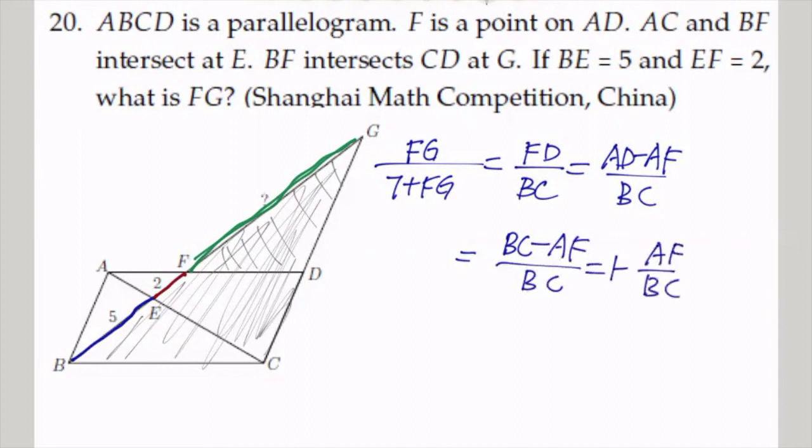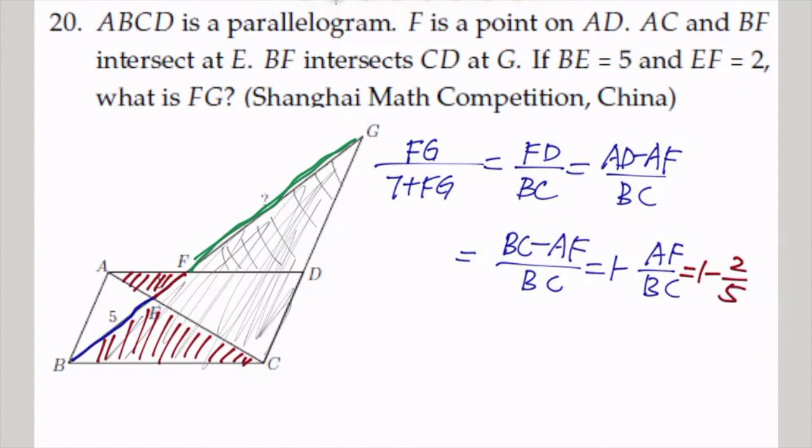Okay, if you look at AF over BC, that ratio can be obtained by the two similar triangles, AEF and BEC. That ratio is 2 over 5, which is the same as EF over BE, right?